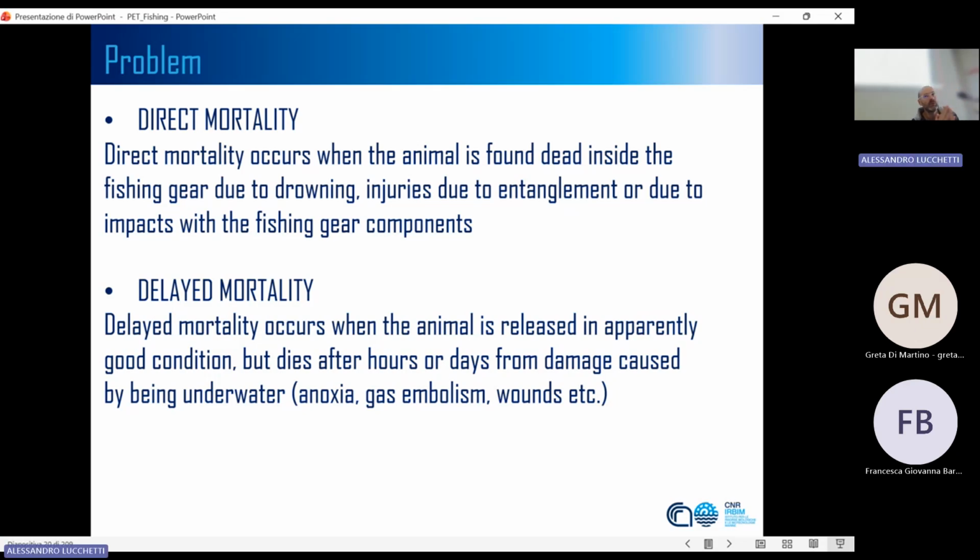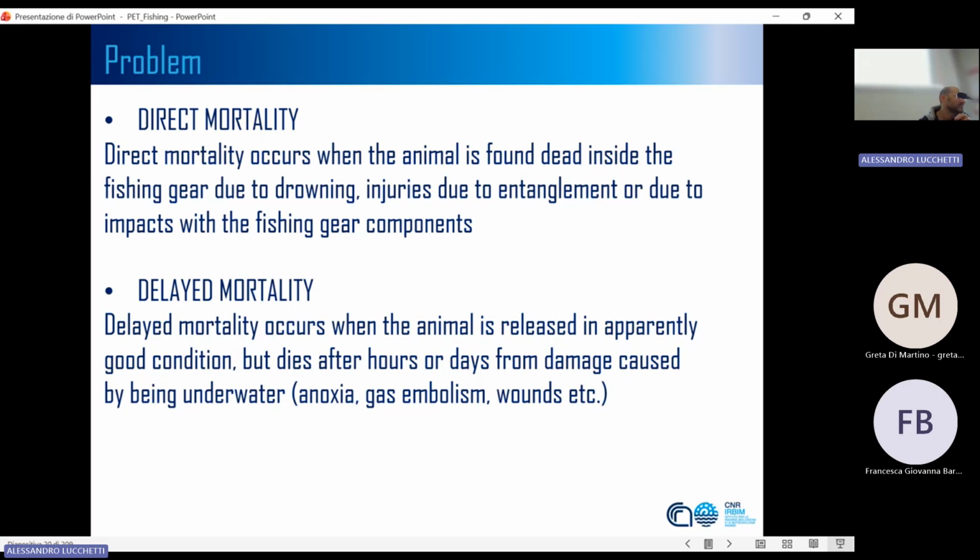One of the main problems when you are facing bycatch is that, at least in the past, now something has changed, you only considered the direct mortality. Let's say you put out a long line, you recover it, there is a turtle that died, and then you consider this mortality. Sometimes, especially in bottom trawling, you can catch a turtle, you retrieve the gear, the turtle is still alive, and sometimes it's really funny because they move quite fast.